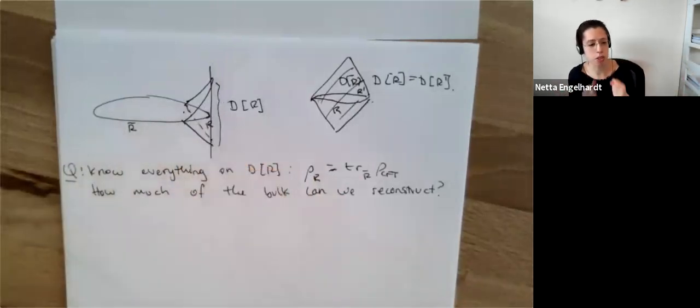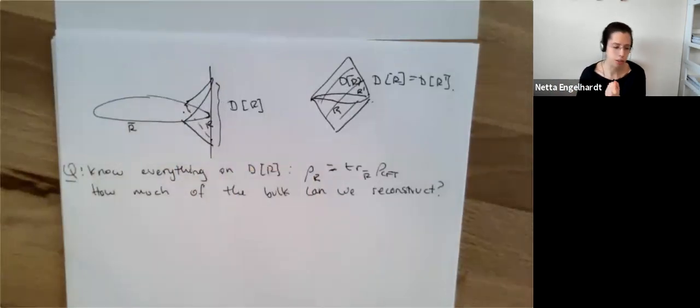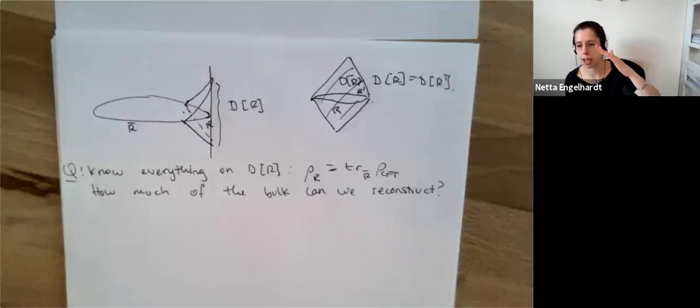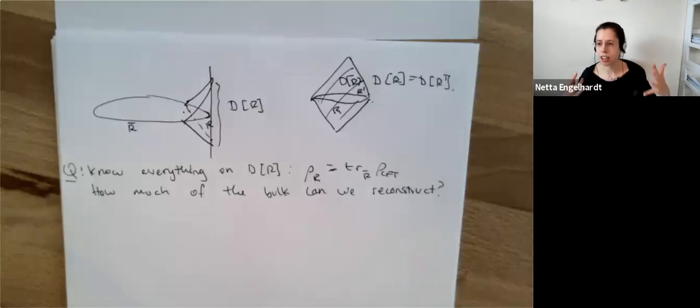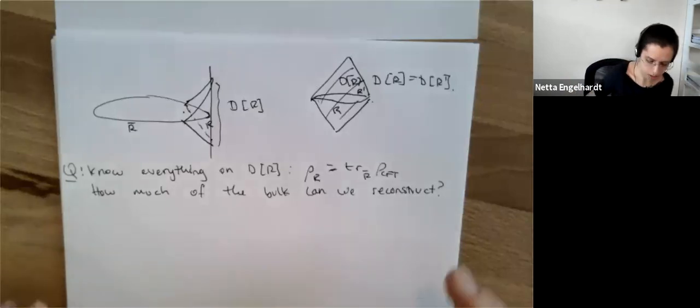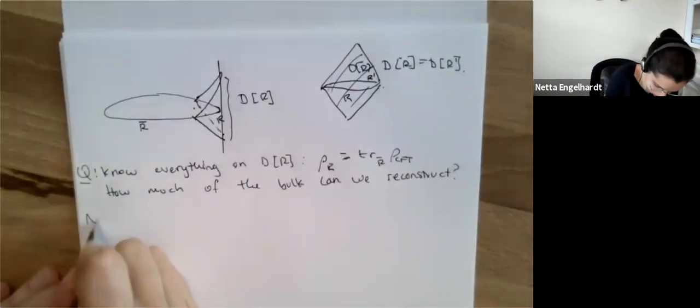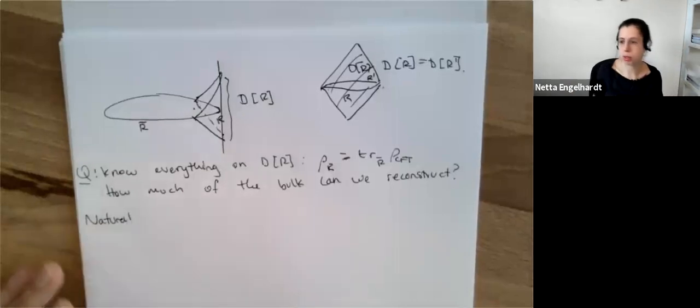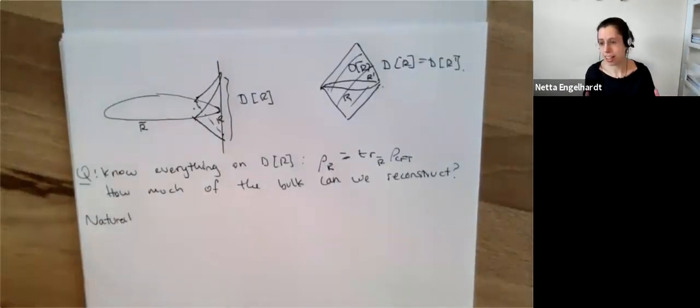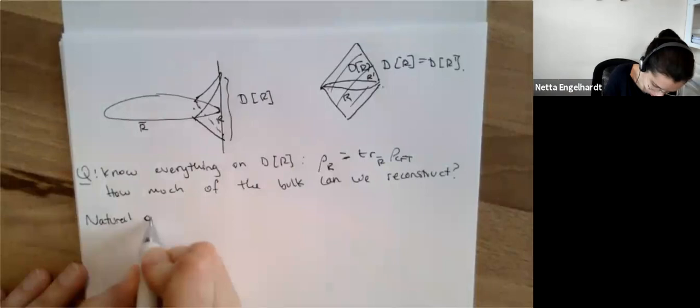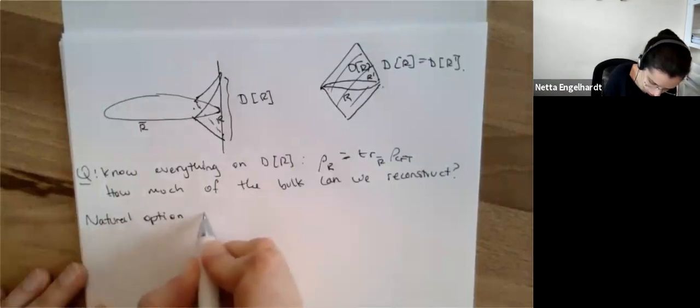In other words, if you're an observer sitting on the asymptotic boundary holding a flashlight, you fire some light ray in and it bounces off of some point and bounces back, then that feels like the natural region that you might be sensitive to within D of R. So the natural option, which at this point we know is not correct, is the causal wedge.